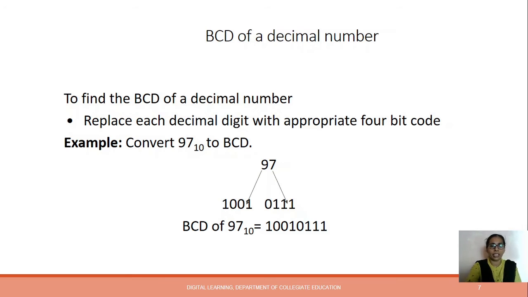So write the BCD of 9, that means 1001, and write the BCD of 7, which is 0111. Now you combine the bits. Now you get the BCD of 97. It is so simple. For each digit, write the BCD code. That's all.